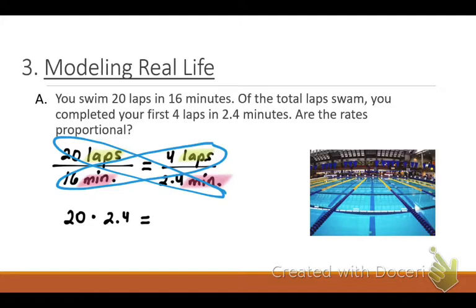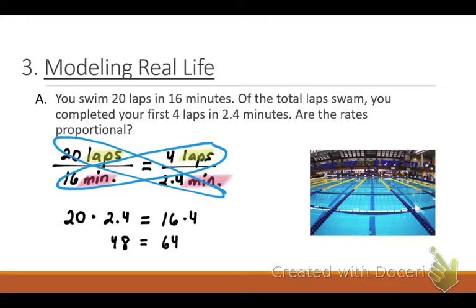Talila, what should I put on the right side? 16 times 4 is correct. Drop down your equal sign one more time. On the left side, Einar, what's 20 times 2.4? 48. Angeline, on the right side, what's 16 times 4? 64.